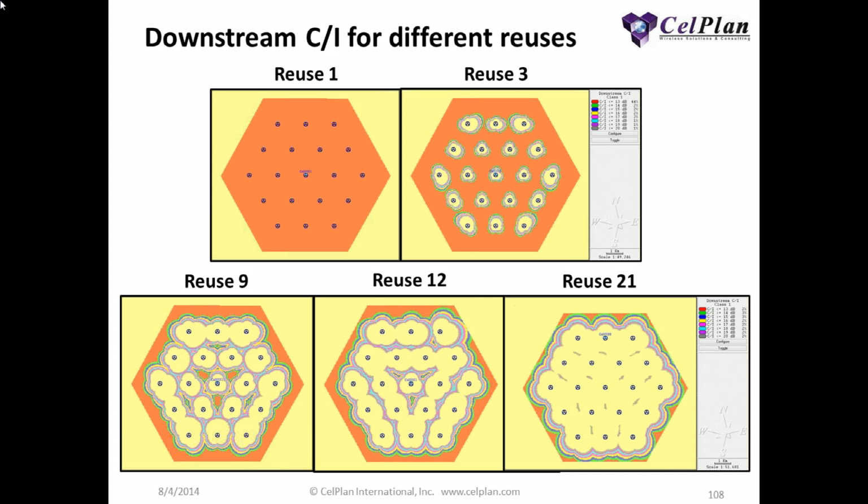Okay, and then we did reuse of 1, reuse of 3, reuse of 9, reuse of 12, and reuse of 21. Basically, when we say reuse here, we are reusing the resource blocks. We have only one wideband channel, and we are reusing the frequency, the resource blocks, and analyzing the interference.